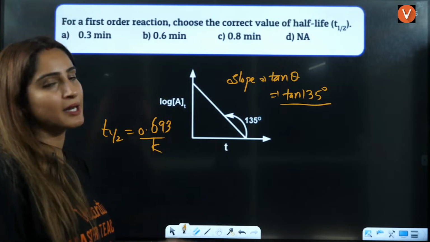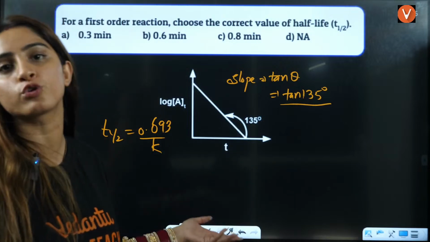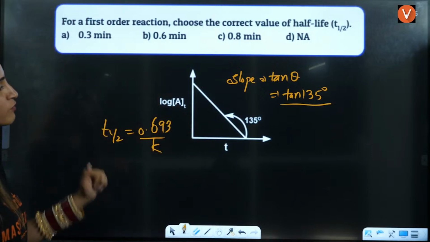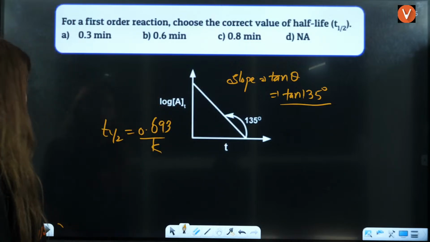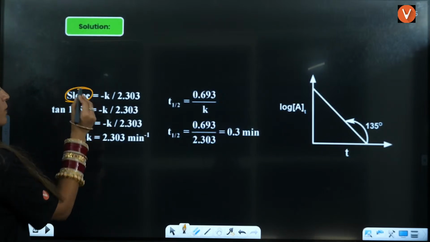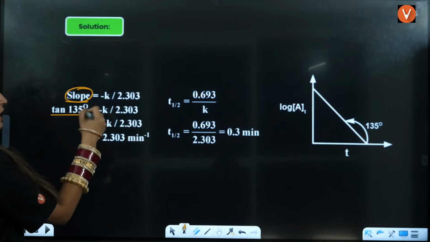Reason being, because you're a mathematics student, they expect that you know trigonometry, you should know the value of tan 135. From there, you will calculate the value of slope here, right? So calculate the value of slope, that will be tan 135.